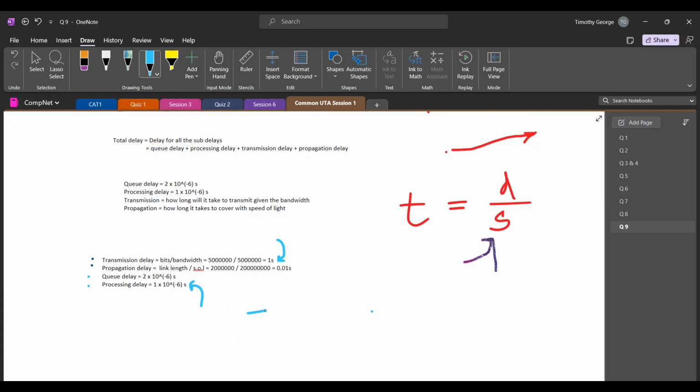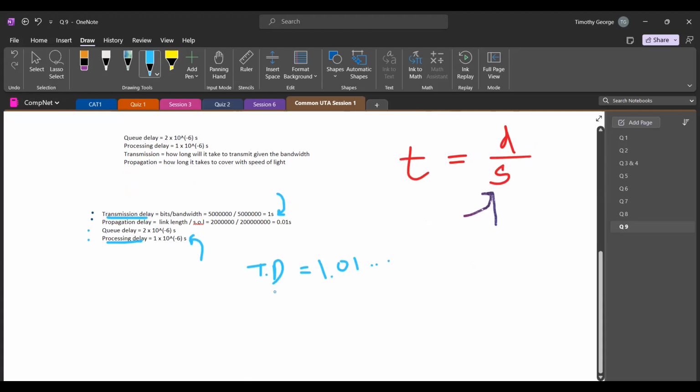If we calculated total delay TD, we would just add everything up. It would come to like 1.01 something. Most of the influence is coming from transmission delay, and the least influence is coming from the processing delay. That's your answer.